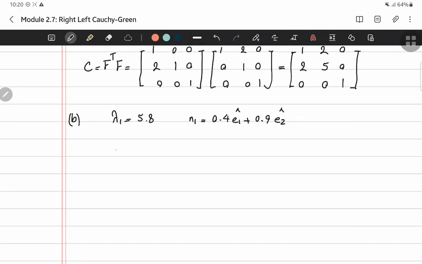Lambda 2 becomes 0.2, n2 is equal to 0.9 e1 minus 0.4 e2. You can also use Maple or something like that. And you have lambda 3 equal to 1, and n3 equal to e3.